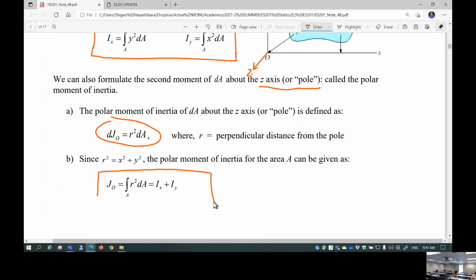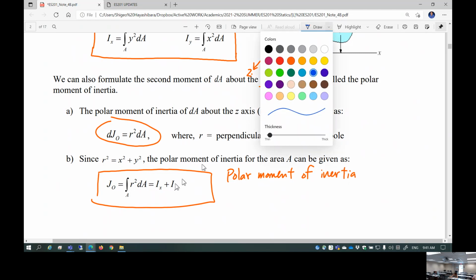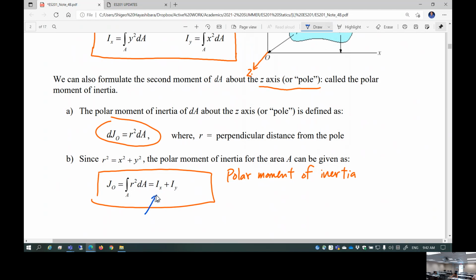It is basically the moment of inertia about the x-axis added together with about the y-axis, both combined.